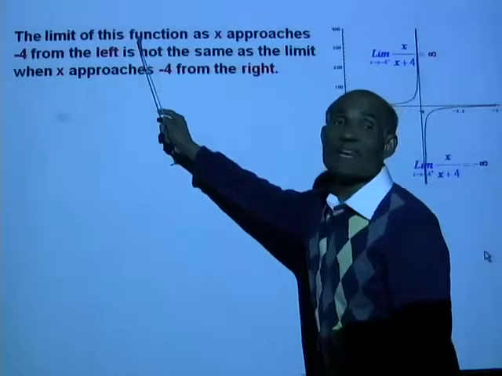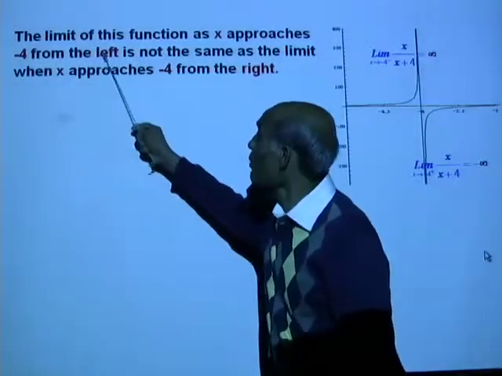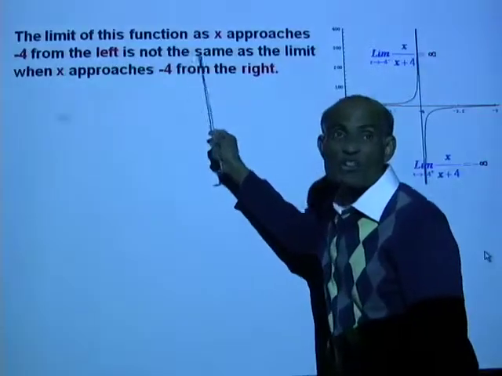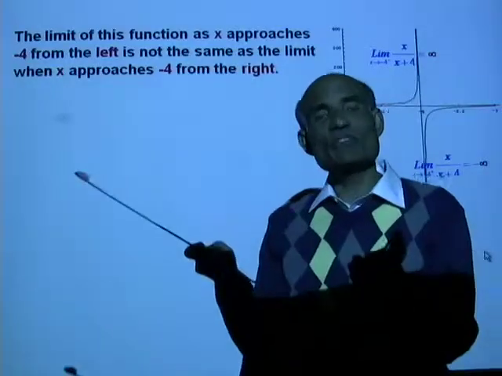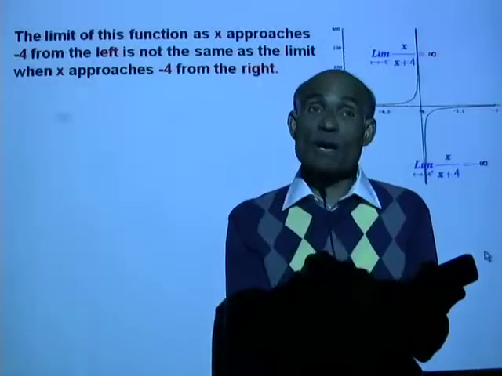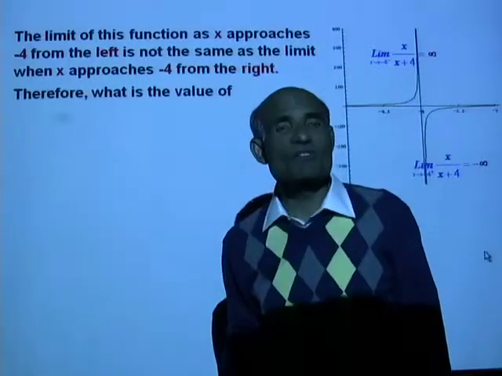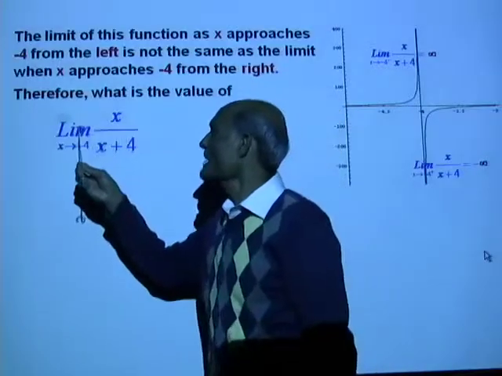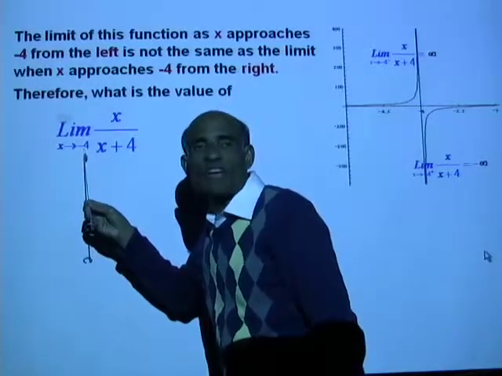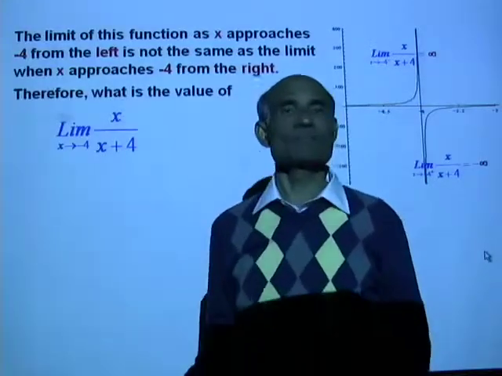So the limit of this function as x approaches negative 4 from the left is not the same as the limit of this function when x approaches negative 4 from the right. Now, if somebody asks you, what is the value of limit x approaches negative 4 of x over x plus 4?